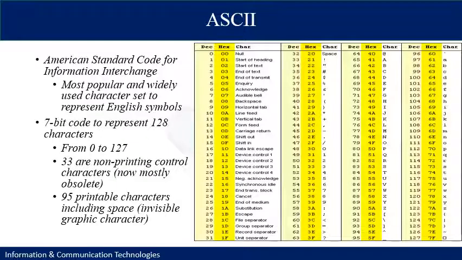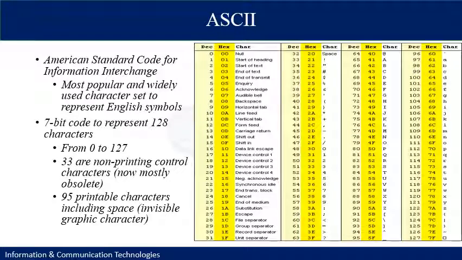So another system is the ASCII, as discussed in previous slides. It stands for American Standard Code for Information Interchange, and it is the most popular and widely used character set to represent English symbols. Initially, it was a 7-bit code to represent 128 characters from 0 to 127. However, 33 are non-printable control characters, and now most of these are obsolete. The remaining 95 printable characters include space, which is an invisible graphic character.